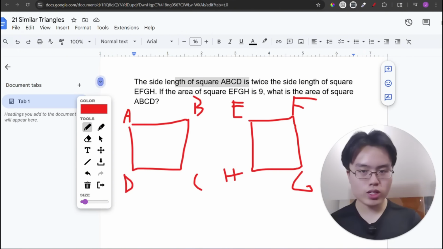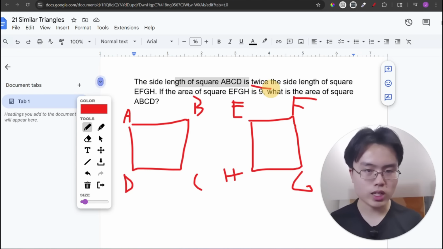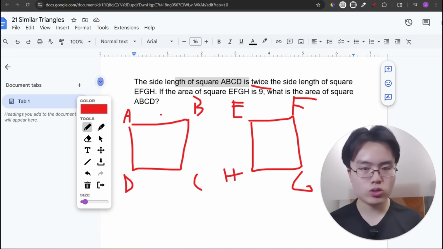So it doesn't actually tell us any of the side lengths, but it tells us the scale factor directly. Because we know this times 2 is the other. So actually this one's the bigger one, right? So we multiply the side length by 2 to get the side length of the big one. Right, so this is the smaller one, this is the big one.